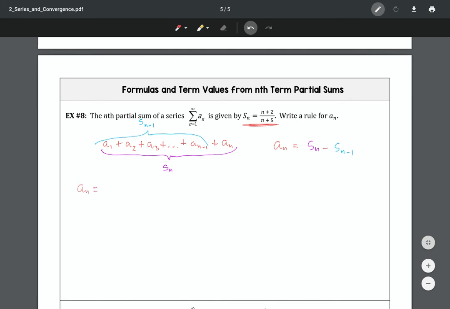So, go ahead and do this problem. So a of n is S of n, which is defined for me. And S of n minus 1, I'm going to replace n with n minus 1.